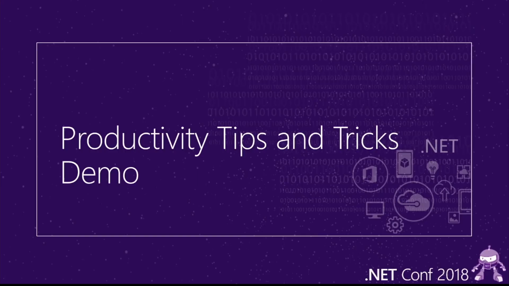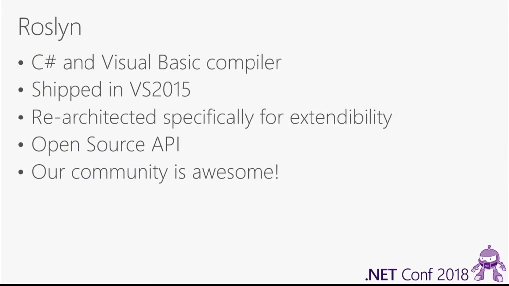Something you might have noticed with all of these features being added to every single version, even minor versions of Visual Studio, is that there's a lot of them, first off, and we're iterating very fast.